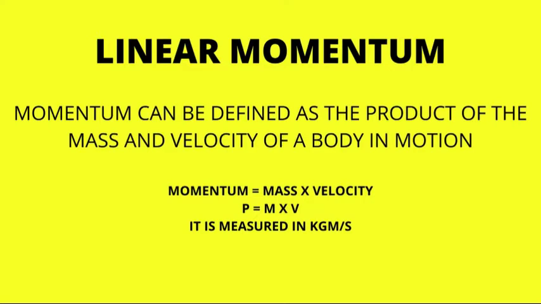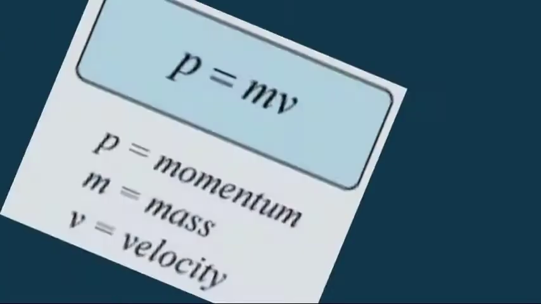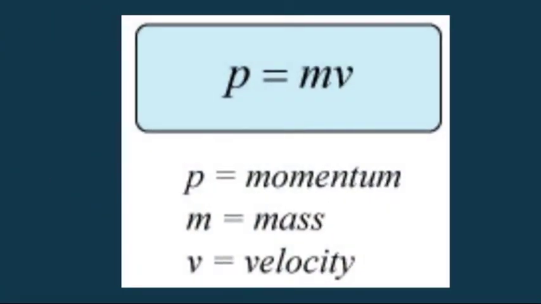Product in the sense of mass times velocity, and it is measured in kilogram meter per second. That means for every object that is in motion, it has momentum, it has mass. So the product of its mass and its velocity is what we refer to as the momentum of that body.